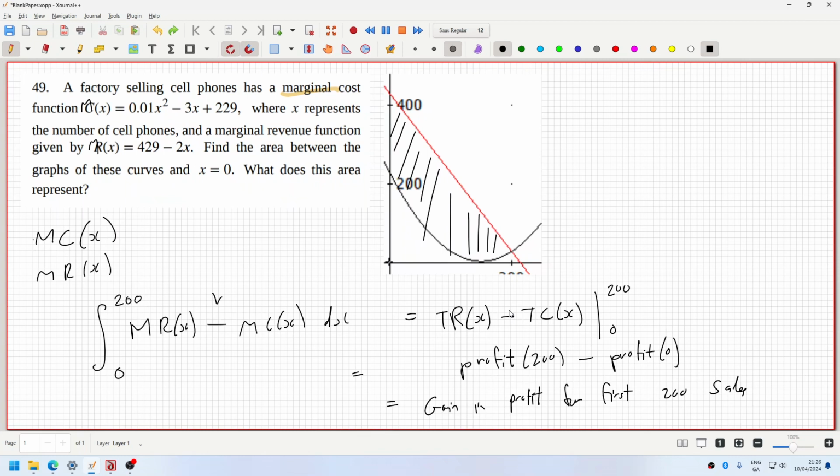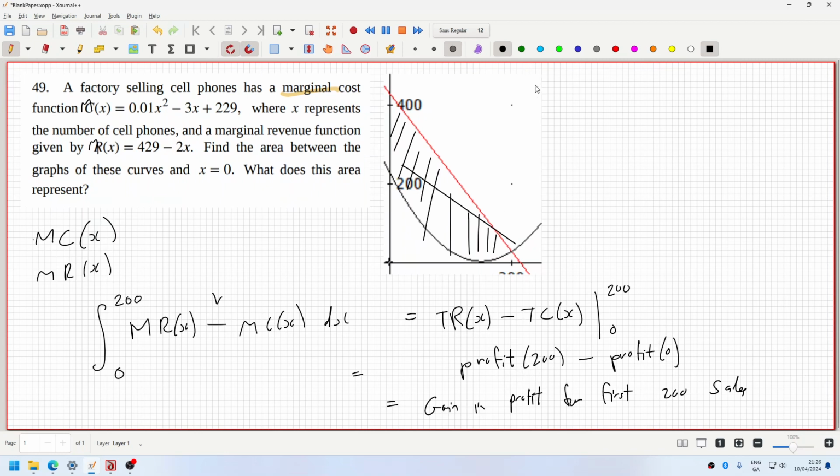And I suppose I can see here when you integrate this, that gains an x. So I guess that would be 0. That would be 0. So that's gone. So yeah, you're just after profit 200.